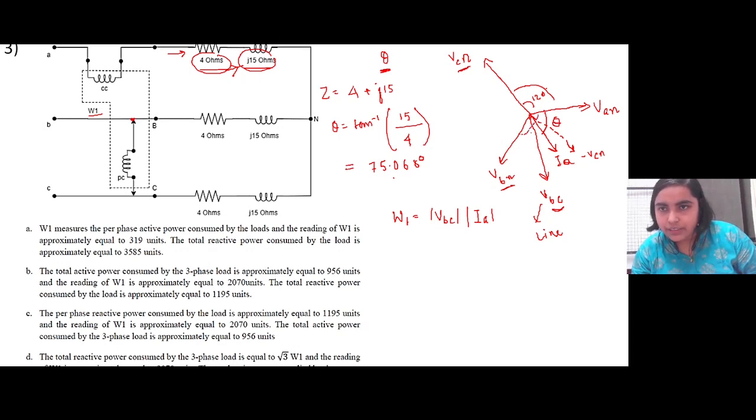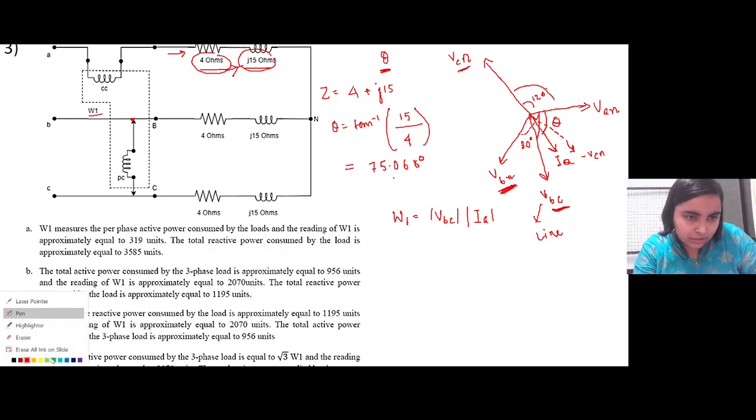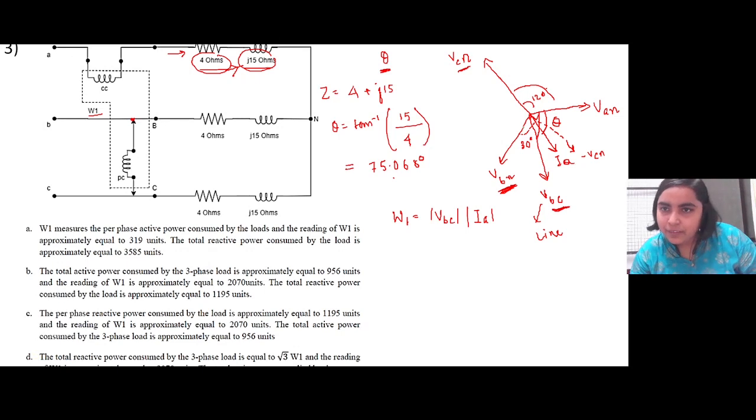Now between the phase and the line, the line voltage will lead the phase voltage by an angle of 30 degrees. I'll take a different color so it will be more visible. So this is 30 degrees.